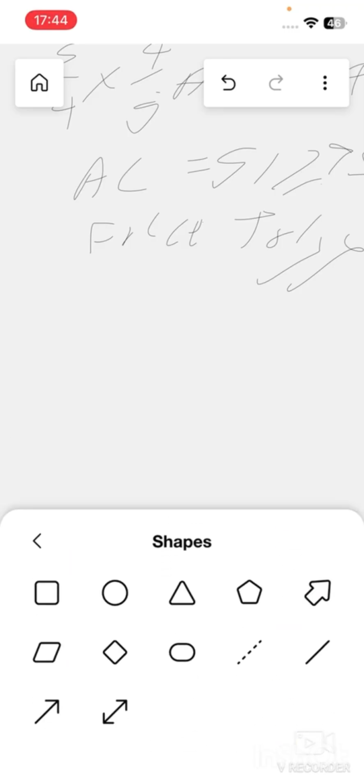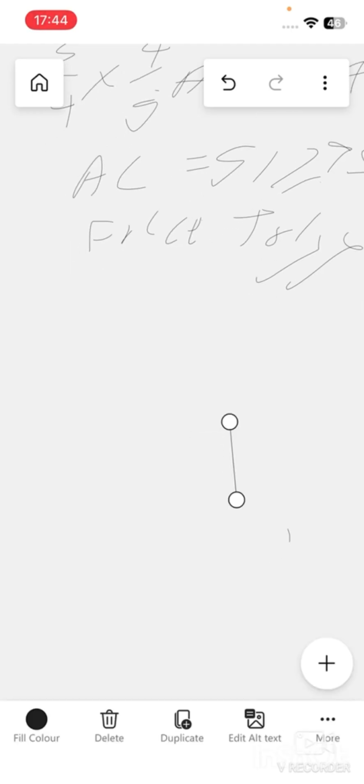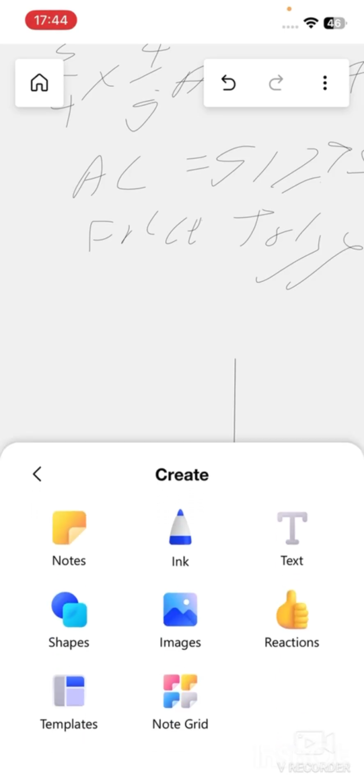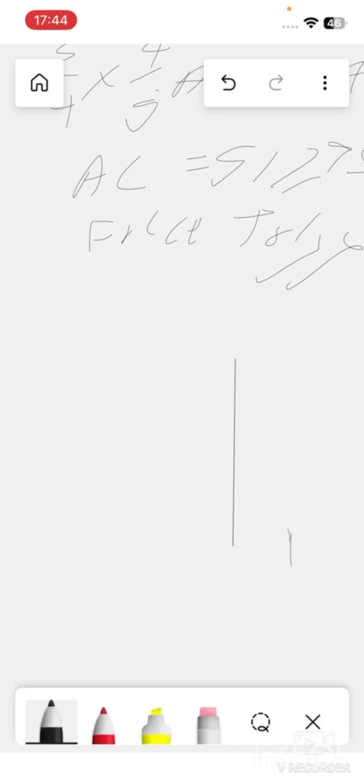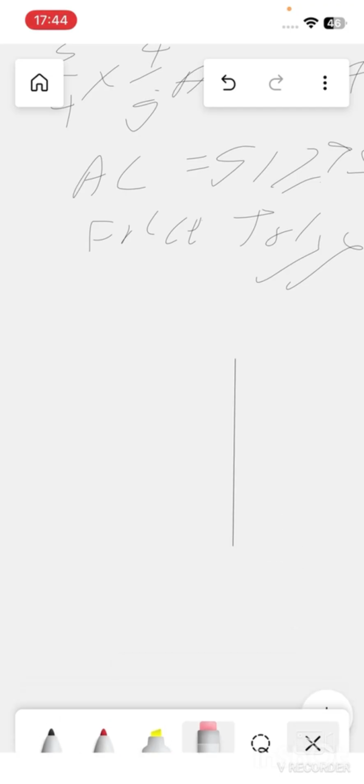Let me draw it with these lines. Okay. Let me rub this thing.